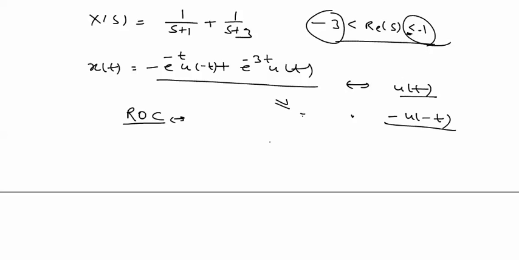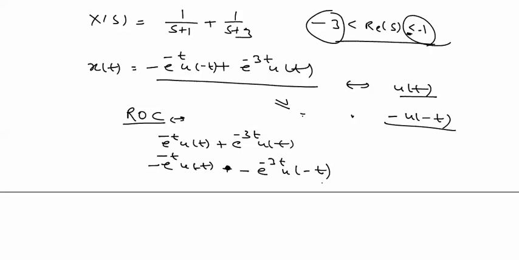In the first case we write the expression with both in the same domain, u(t). In the second case we write the expression with both in u of minus t, because ROC is less than the particular value minus 3.